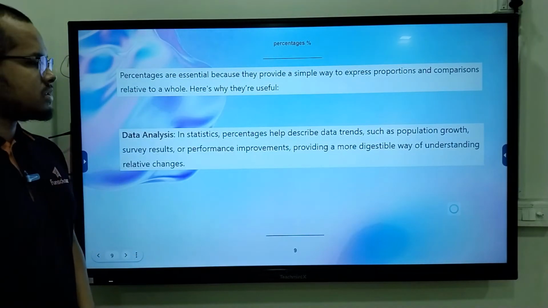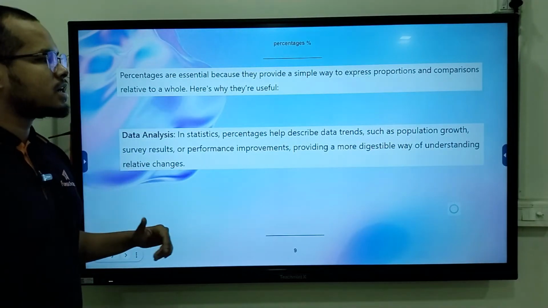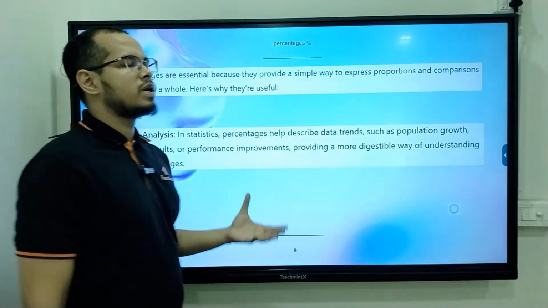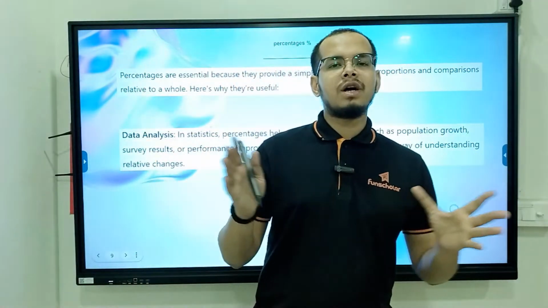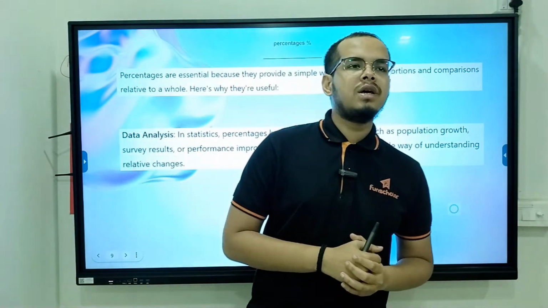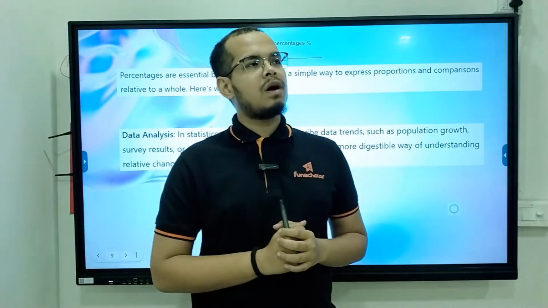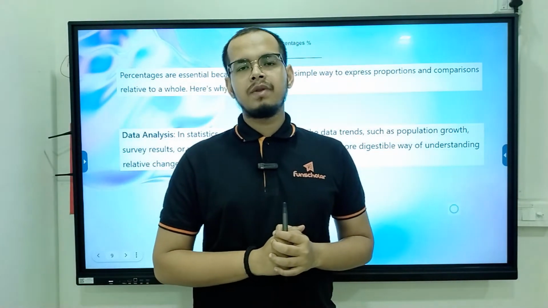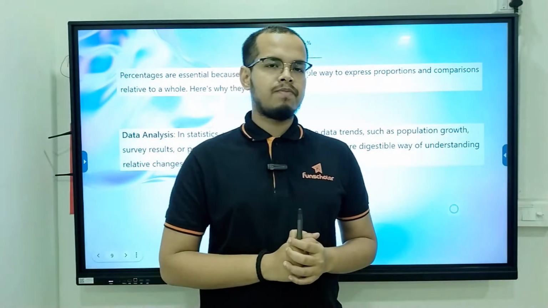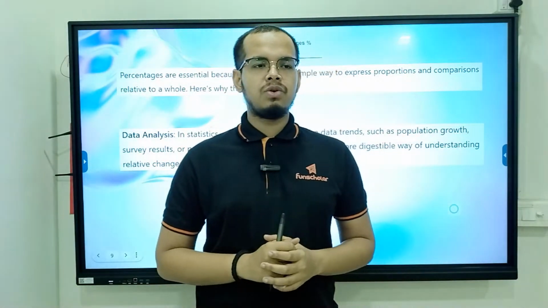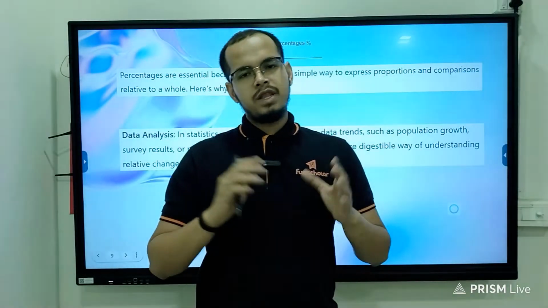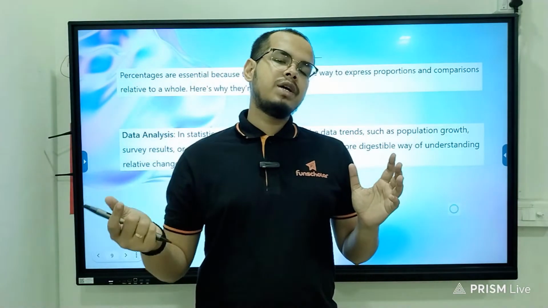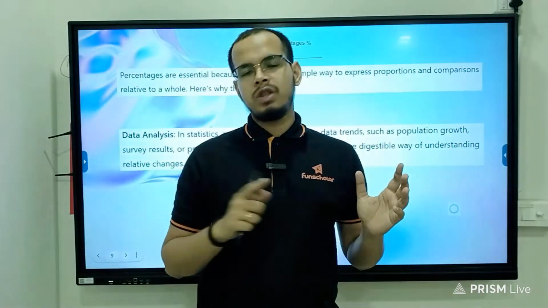Next, in data analysis, this is exactly how we are going to calculate. For example, in a town there are 10,000 people, and due to an earthquake, 10% of the entire population passed away or had problems. So from 10,000, if I decrease 10%, that is 1,000, right?